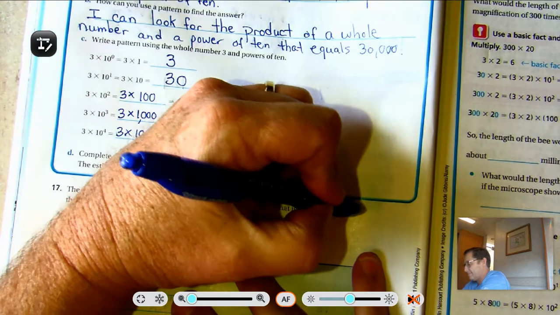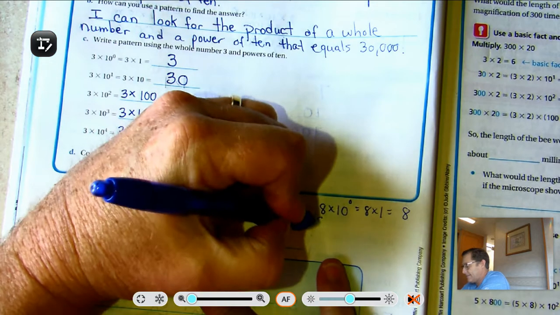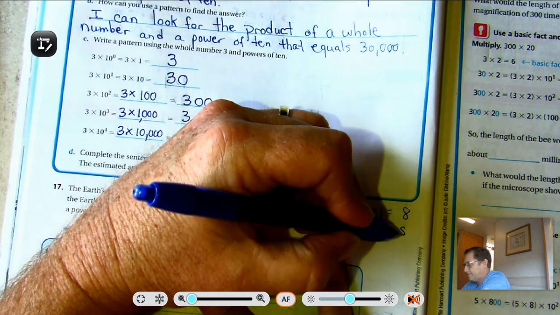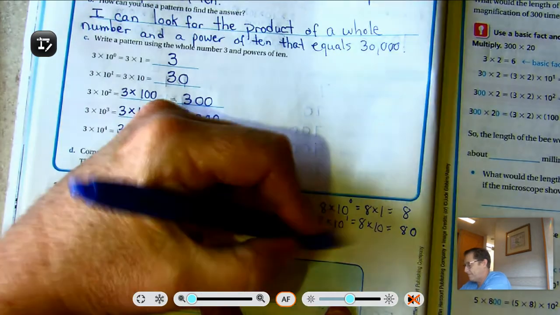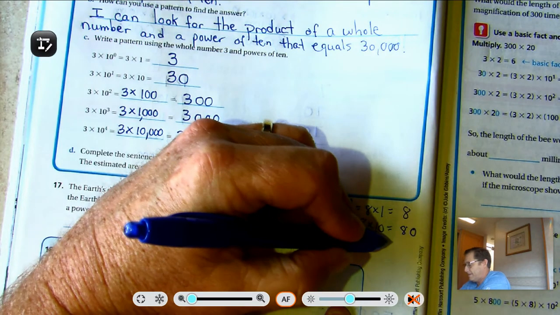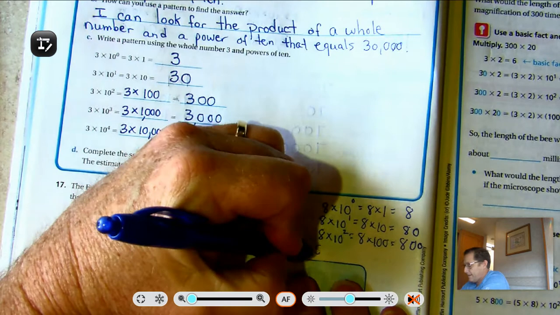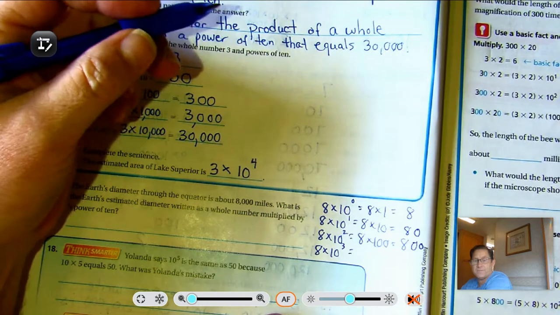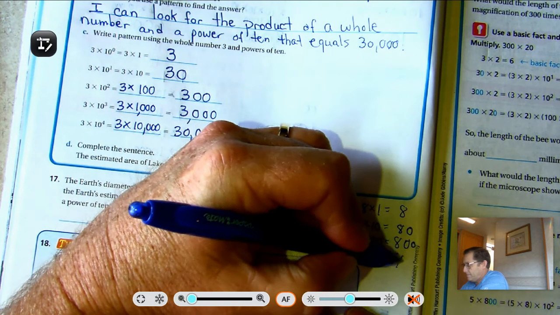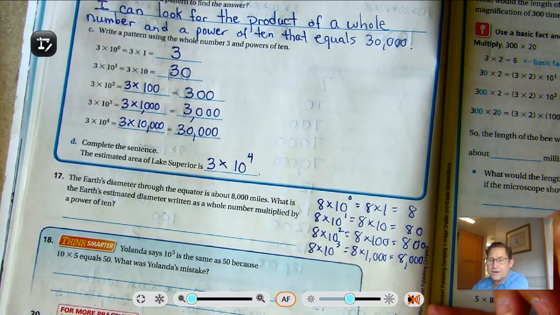That would be 8 times 1, which is 8. 8 times the first power of 10 is 8 times 10, or 80. 8 times the second power of 10 is 8 times 100, which is 800. 8 times the third power of 10 is 8 times 1,000, or 8,000. Okay, so that's how the pattern would look.